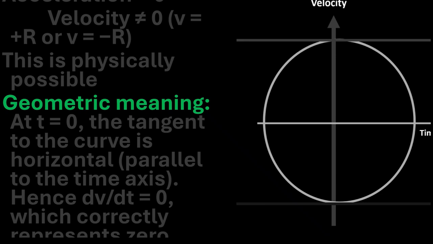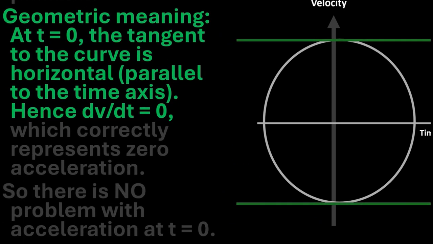In both these points, if we draw a tangent at t is equal to 0, what we get is a perfect horizontal line which is parallel to the x-axis. And when a line is parallel to the x-axis, what is the slope? The slope of that line is 0. What does slope represent in a velocity time graph? It represents the gradient. What is the gradient of velocity and time?